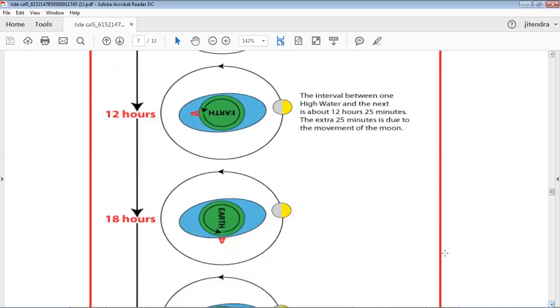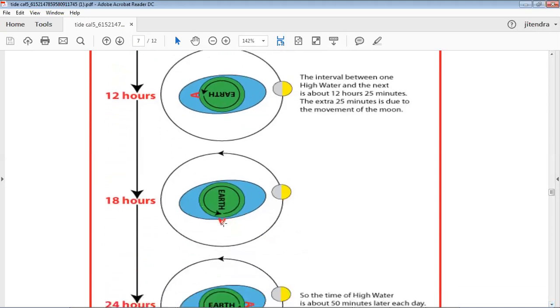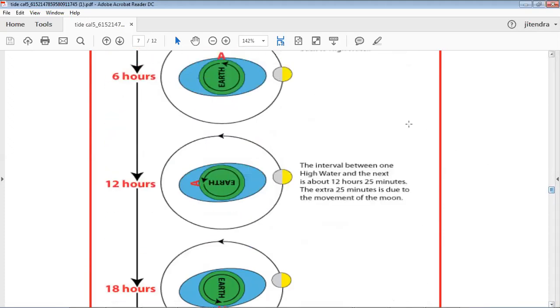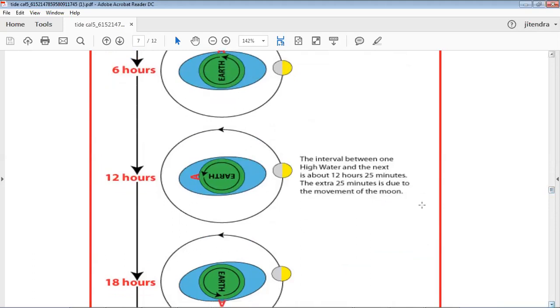Same way, when he moves here, he will have approximately low water at 18 hours 35 minutes or so. And then when he reaches here, if the earth was not rotating, he would have high water here if the moon was still here, if the moon was not moving.